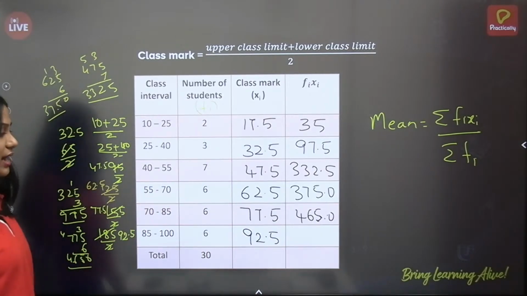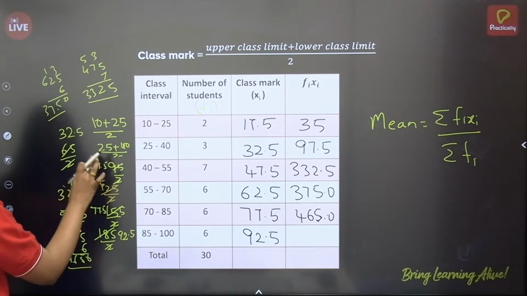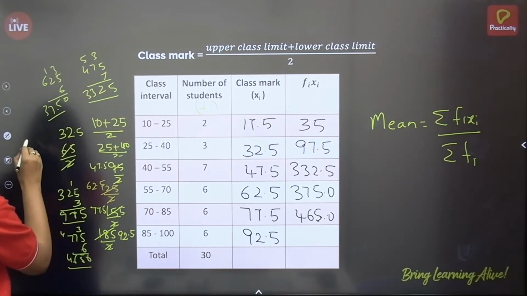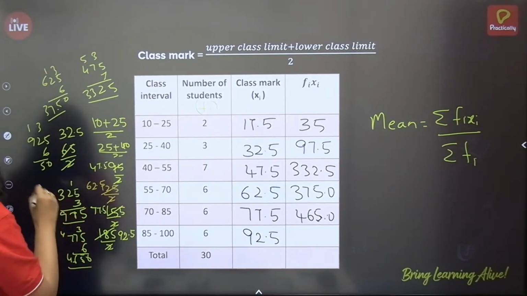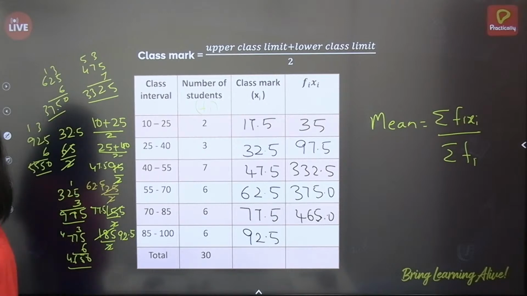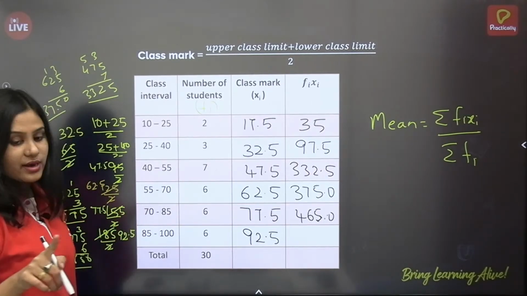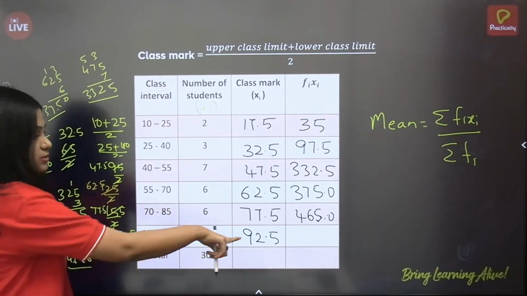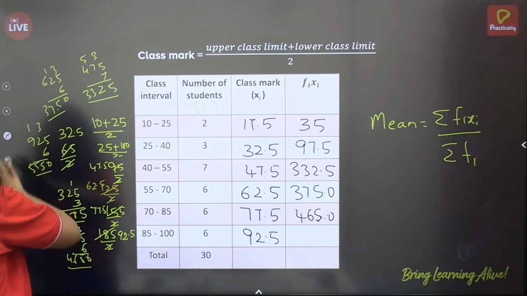The last one, 92.5 into 6. 6 5s are 30, 6 2s are 12 plus 3, 15, 6 9s are 54, 55. 555, correct? You have just added one more 0, but there is a decimal point, correct? So it is 555. All right.